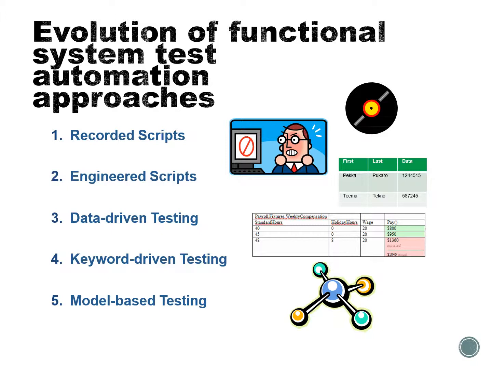And finally, in test automation, there's the evolution from recorded scripts to engineered scripts, data-driven testing and keywords, and finally to model-based testing. On the course lecture slides, we have examples of different levels of evolution in test automation. So if you don't remember what each of these things means, go refer back to that lecture.